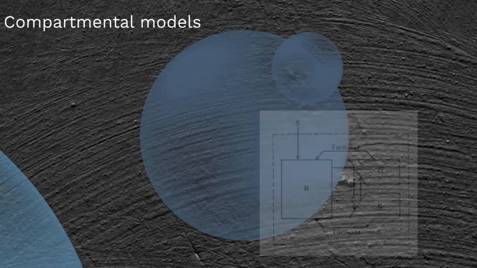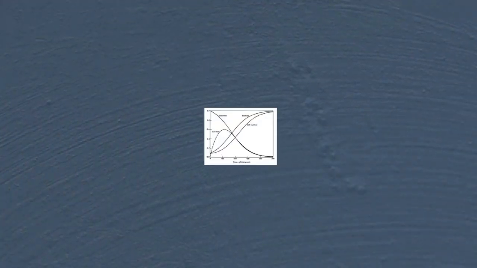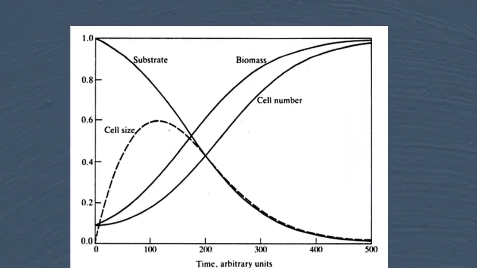The major prediction of the compartmental model is that it predicts the existence of an initial lag phase. The cell mass will increase while the cell number will not change initially. During the growth phase, both cell size and cell number increase exponentially, and the stationary phase is attained with respect to cell mass prior to cell number.